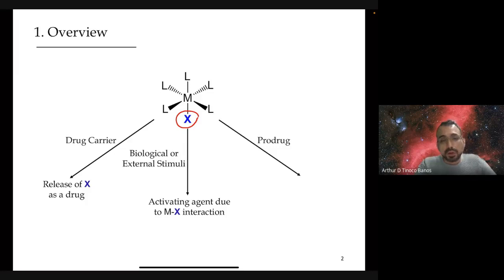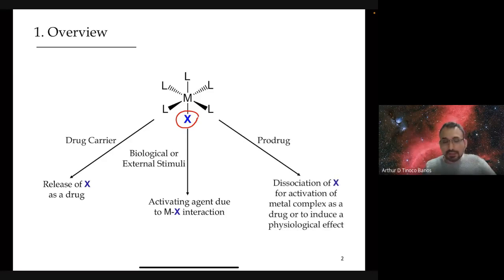And also where the initial metal complex serves as a prodrug itself, then dissociation of X serves as an activation of the metal complex as a drug to induce a physiological effect. So we have three different perspectives of a metal compound in which a key ligand interaction can trigger these three properties.